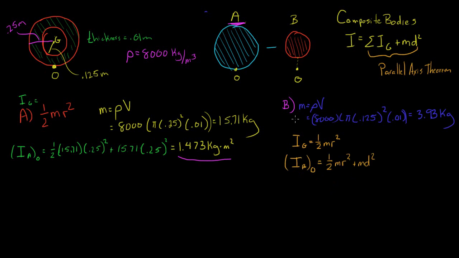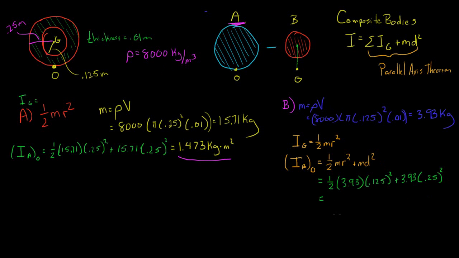And if we fill in the different pieces of information, this is going to be equal to 1/2 times the mass, which is 3.93, times the radius, and the radius of this disk right here is just 0.125 squared, plus the mass, 3.93, times the distance to point O, and this distance to point O is just this big radius right here, so it's 0.25 squared.